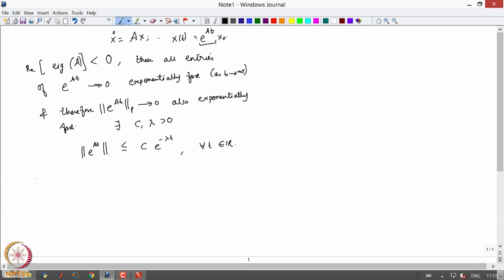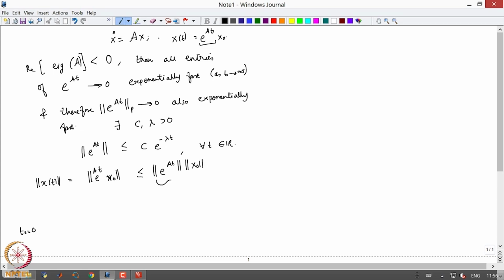Now, how does the solution look? The norm of x of t is the norm of e power At times x naught, where I assume t 0 to be equal to 0 for simplicity. This will be less than or equal to the norm of e power At times the norm of x naught.